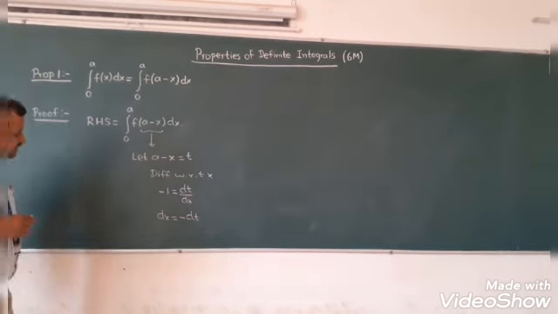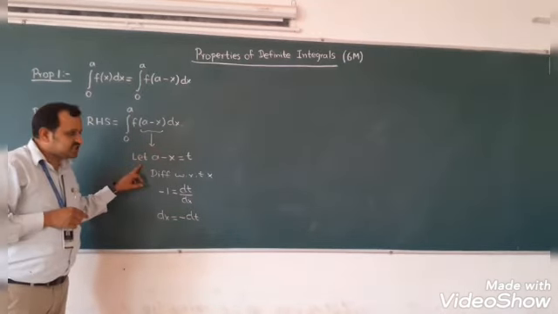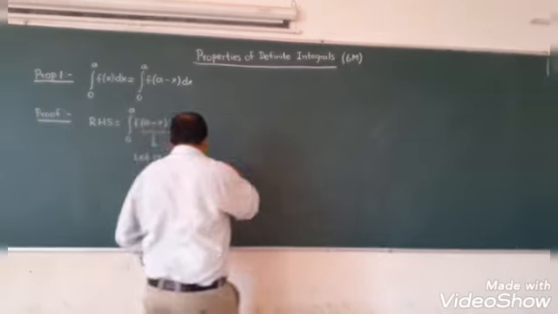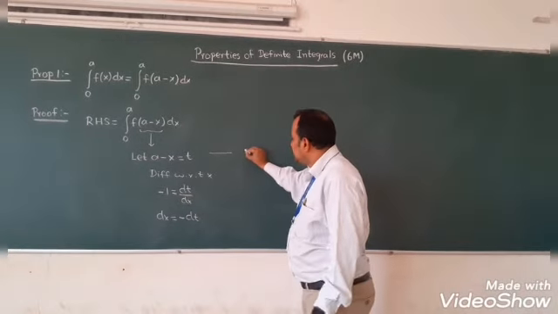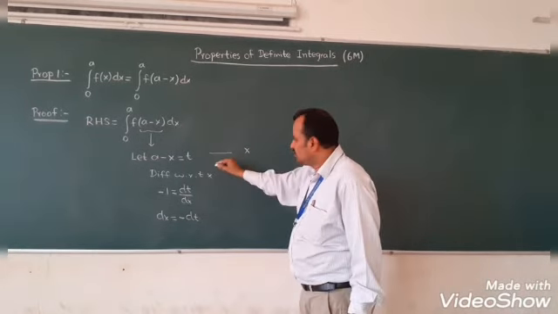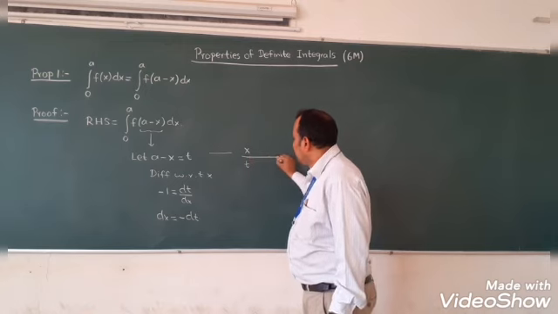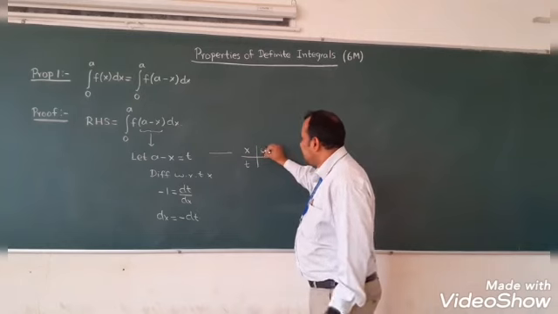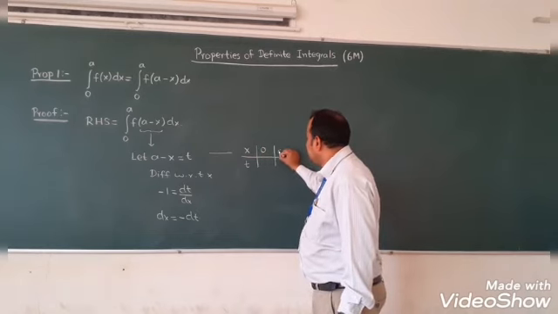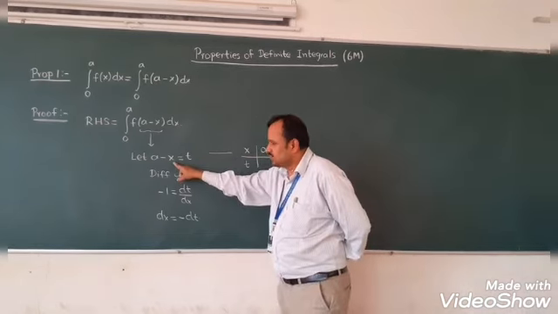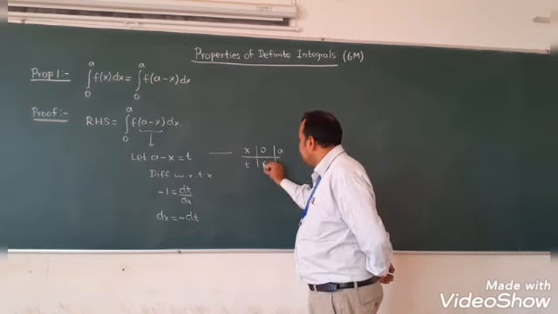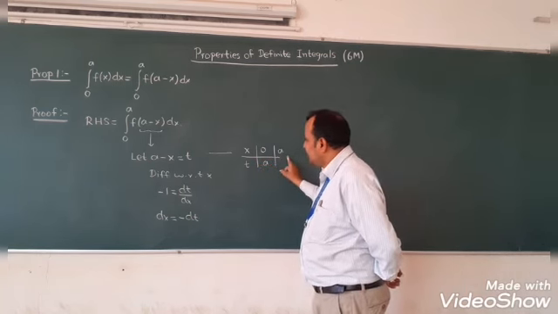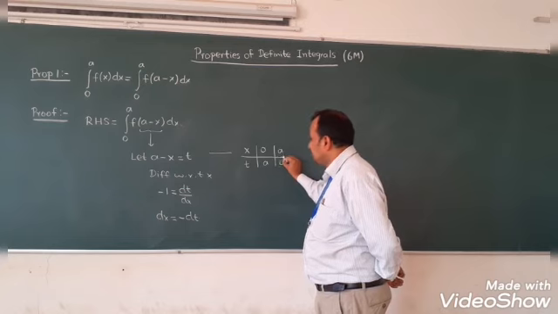Now see here. The moment you do substitution, limits will get changed. So what is the old variable? x is the old variable. New variable is t. Lower limit is 0 and upper limit is a. So when x is 0, t is nothing but a, and when x is a, t is nothing but 0.